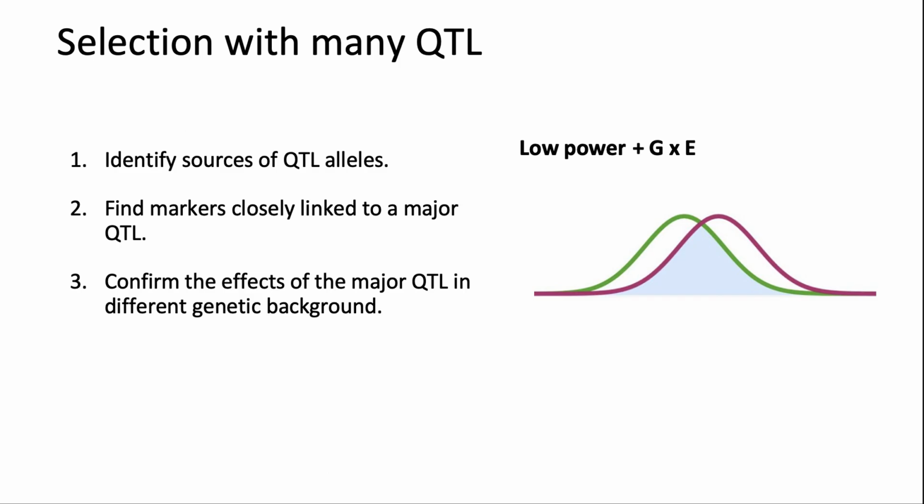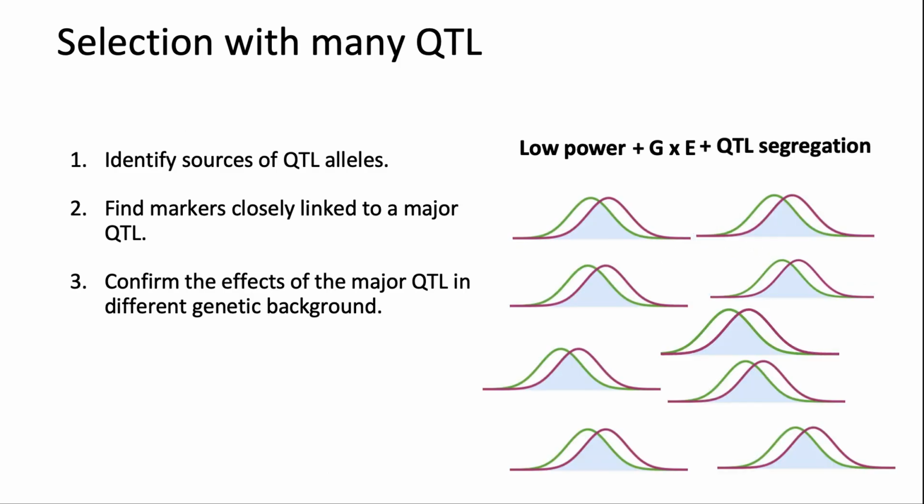For example, if we are talking about a trait that has a heritability of 0.3, that means that 70% of the variation in that phenotype is because of environmental factors. So that is a really big issue to confirm the effect of one QTL in different genetic backgrounds.